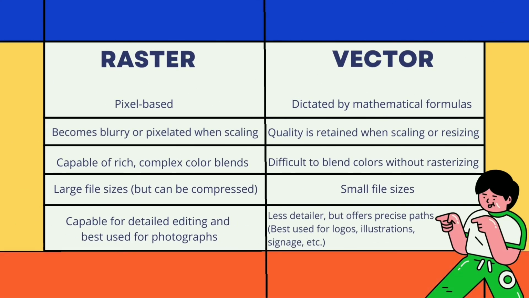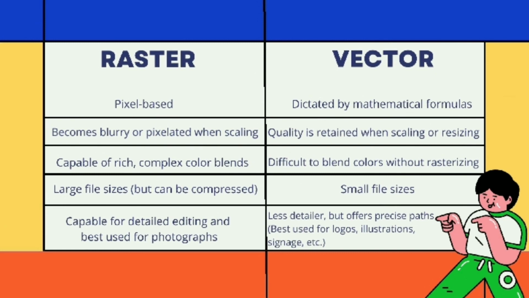Raster and vector are very different from each other. Raster is clearly pixel-based, while vector is dictated by mathematical formulas. Raster becomes blurry or pixelated when scaling, while the quality of the vector is retained when scaling or resizing.